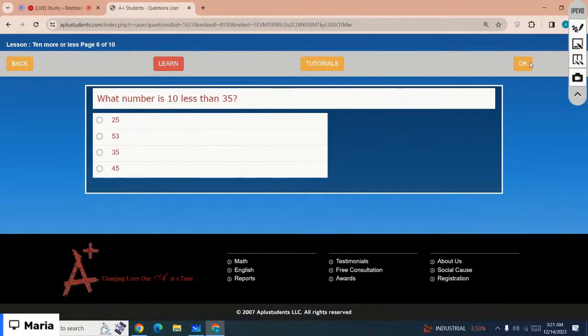Which number is 10 less than 35? 10 less than 35 equals, yes, the correct option is 25.